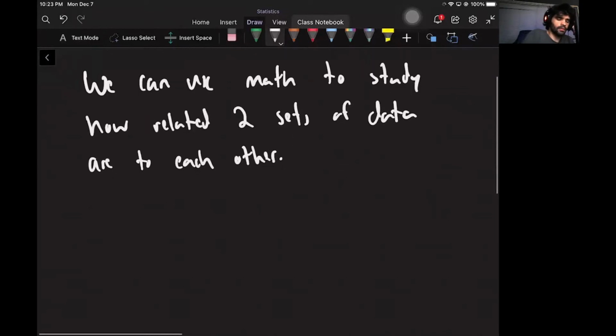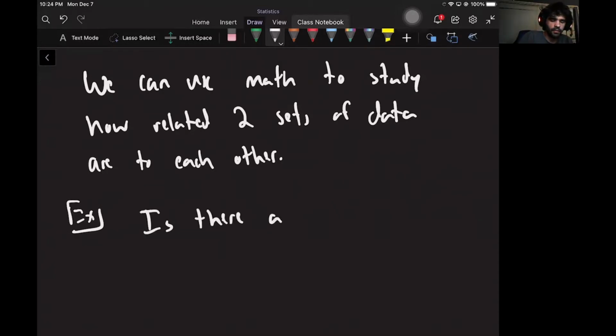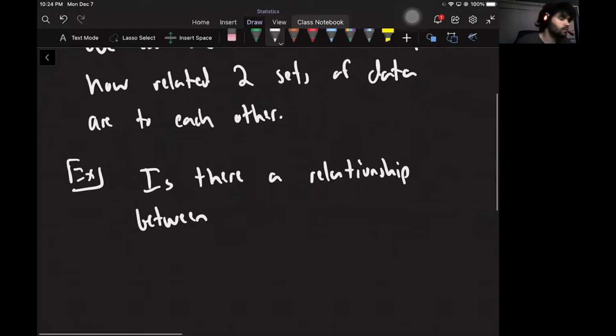Okay, so here's some examples of what this can be. You can ask questions like this: is there a relationship between, and then you just say two numerical things, really.